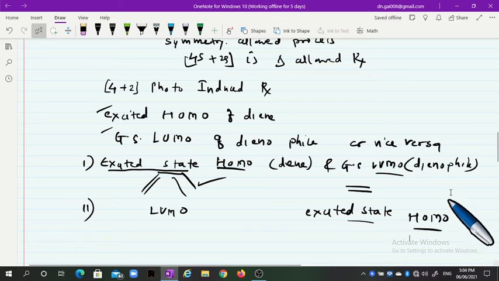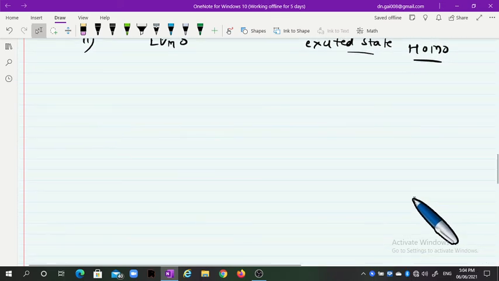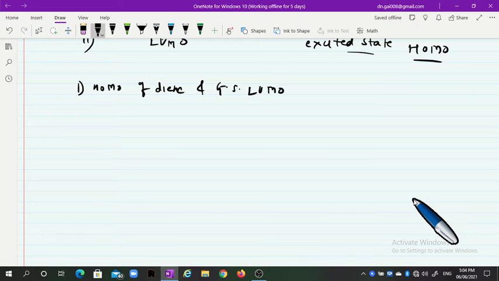Let us draw these diagrams. First case, we will consider the HOMO of diene and the ground state LUMO of dienophile, where butadiene is excited by light.